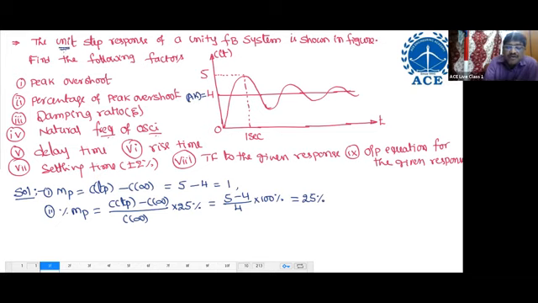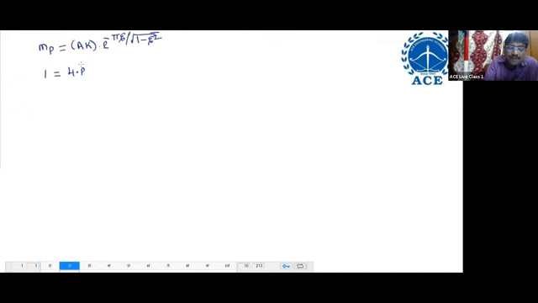Amplitude of input mentioned unity, means K equal to 4. AK is 4. So 4 into e power minus pi zeta divided by root of 1 minus zeta square. Next, 0.25 equals e power minus pi zeta divided by root of 1 minus zeta square. Apply ln on both sides and solve for zeta, you will get 0.403.